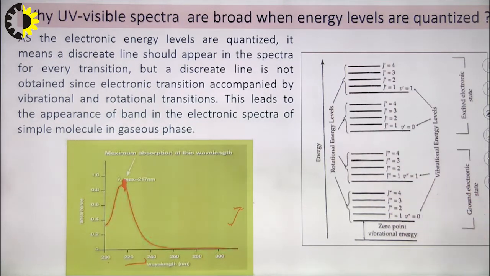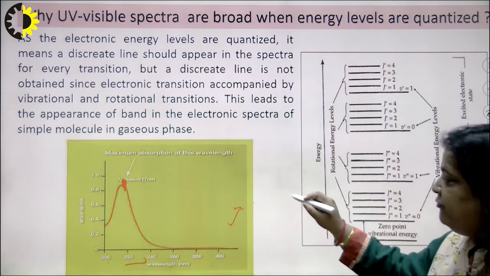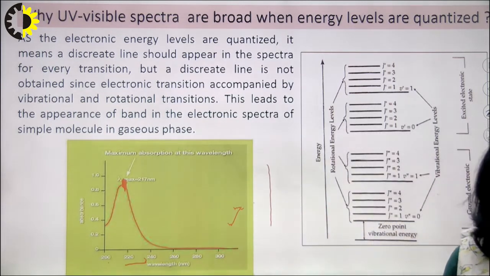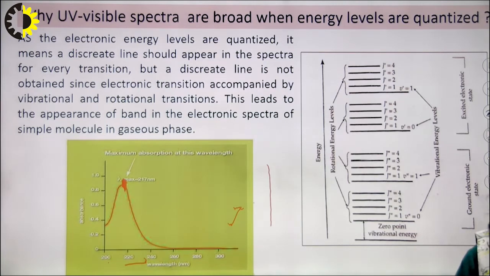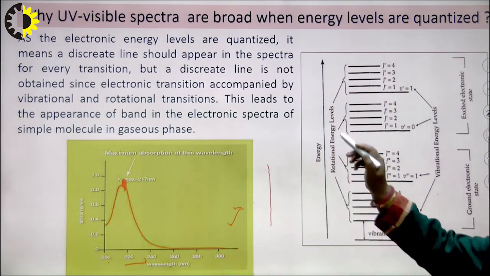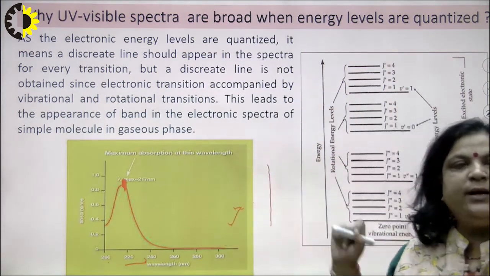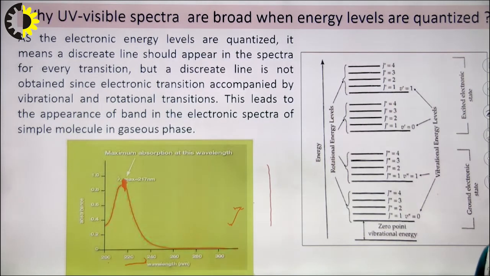A discrete line should appear in the spectra for every transition, but in this spectroscopy we do not get a discrete line, we get a broad spectrum. The reason behind this is that the electronic transition is also accompanied by vibrational as well as rotational transitions, which leads to a broad band instead of a discrete line.